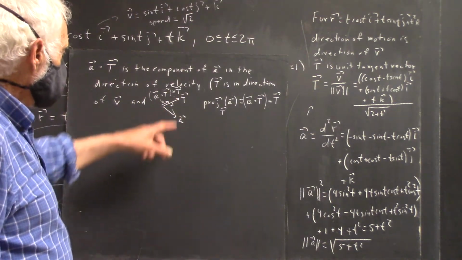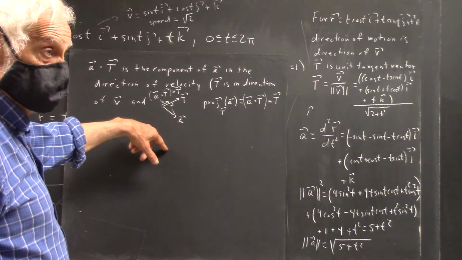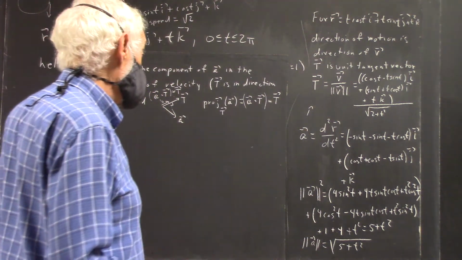If t wasn't a unit vector, that's where you'd also have to divide by the magnitude. You've got a unit vector in the direction.